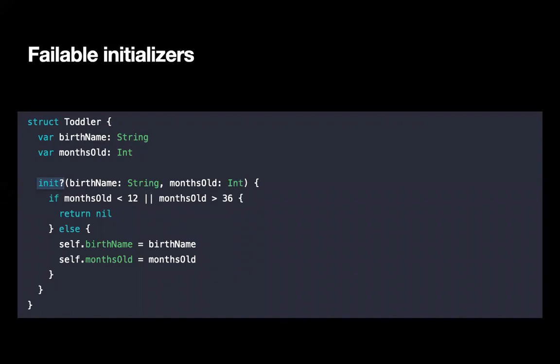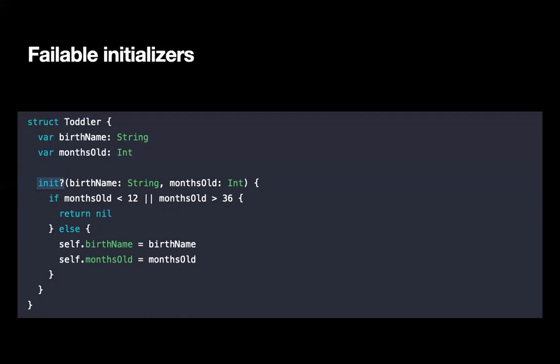Now here we have substituted the condition that if monthsOld is less than 12 or monthsOld is greater than 36, then you have to return nil. That means it fails, so the initializer will return nil. Otherwise, you substitute self.birthName is equal to birthName and self.monthsOld is equal to monthsOld.